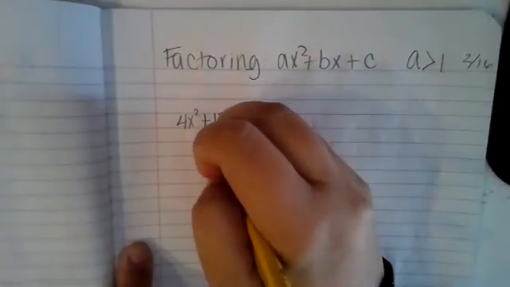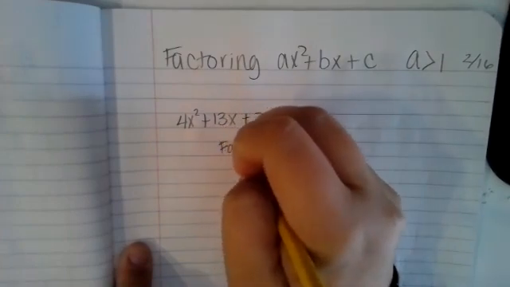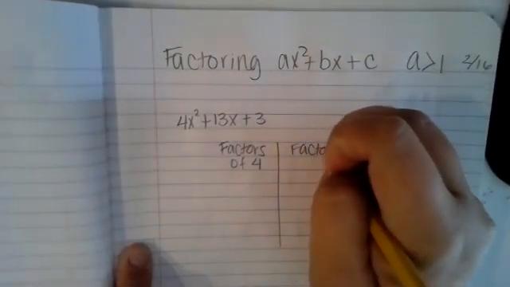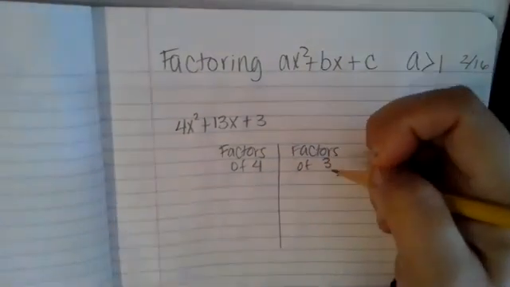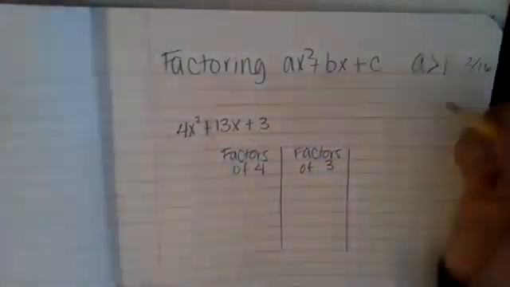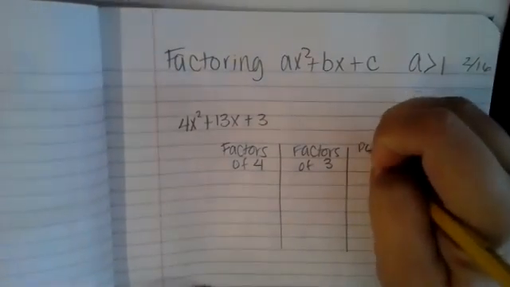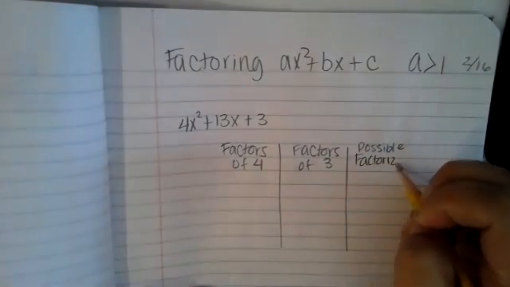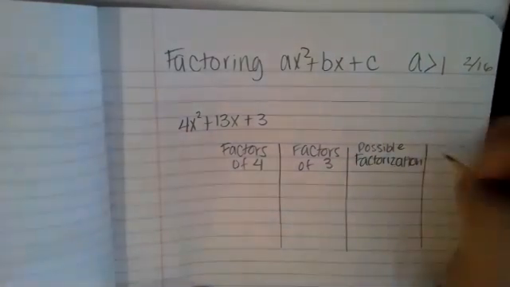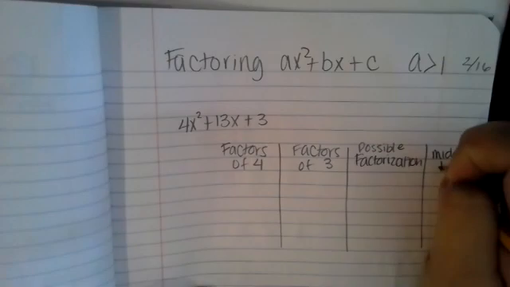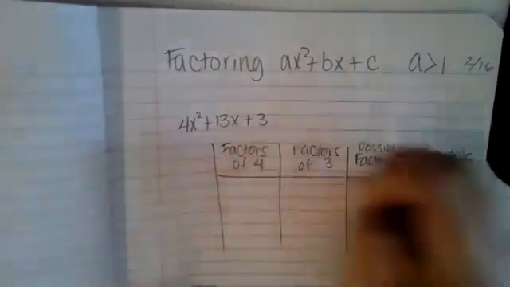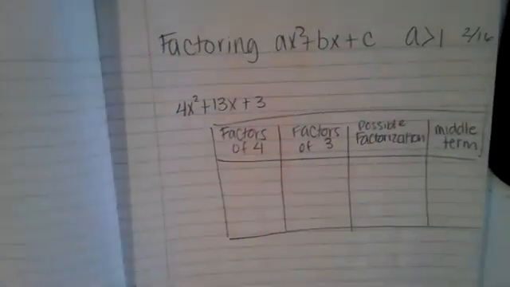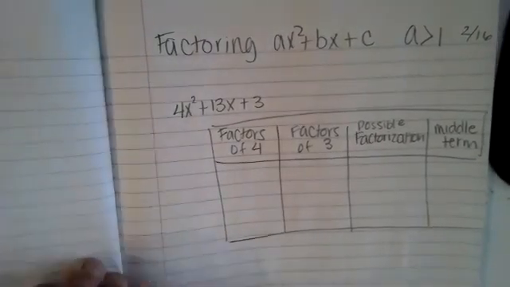So my table will consist of factors of 4, factors of 3, possible factorization, and then middle term.